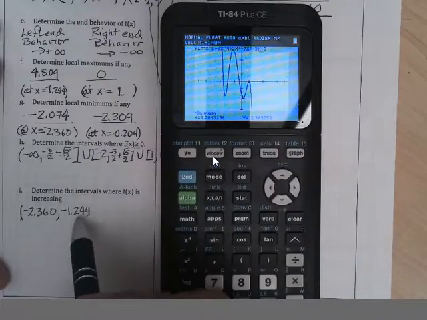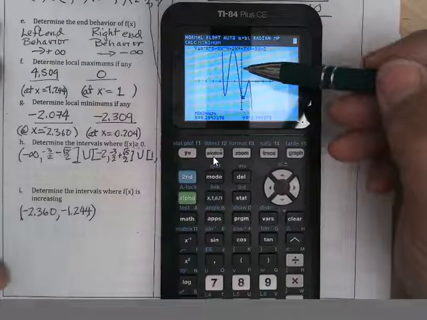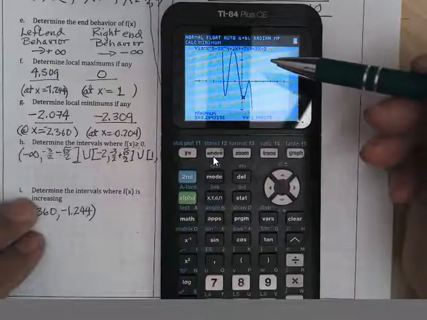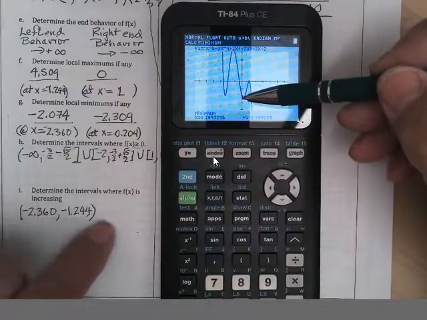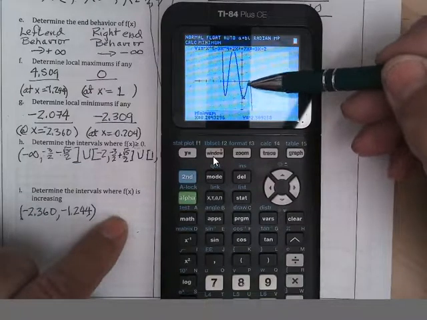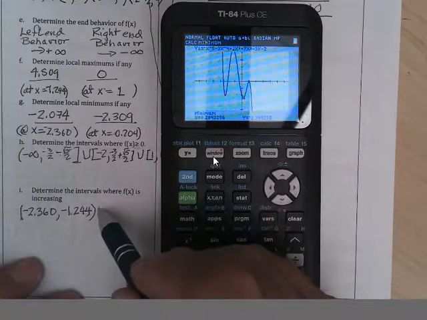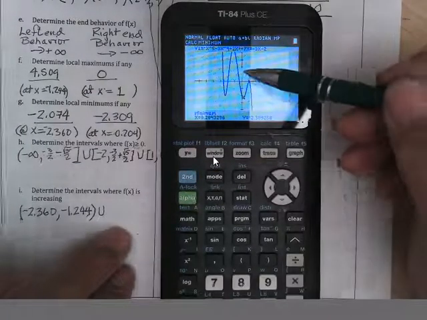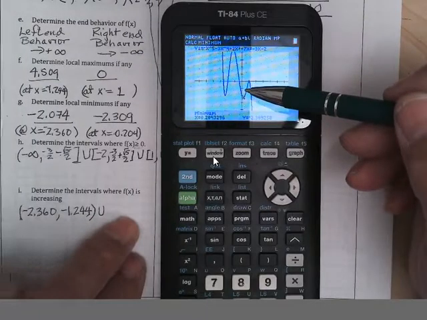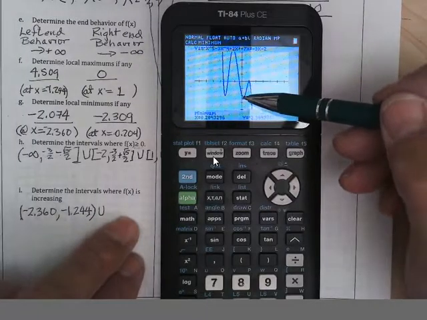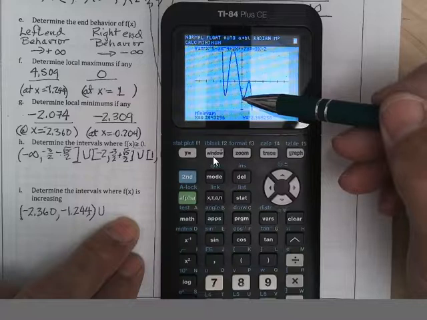And at this place, it's changing from increasing to decreasing, so I don't want to keep it. Now it's decreasing all the way through here, so I don't want any of that, but it's increasing again here, so I want to get those. So I'm going to go union, connect those, add these possible x's to that. And so we want to know what the x value is at this low spot.